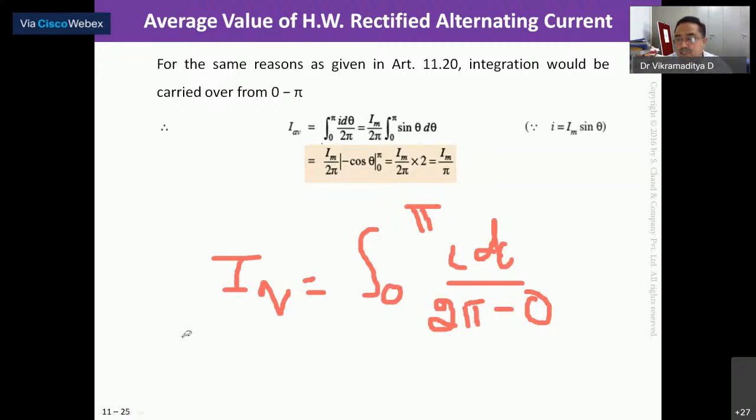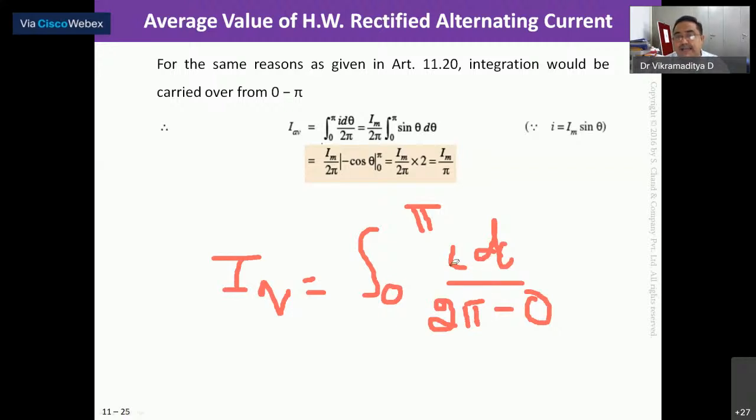In the examination, you will write the complete step. No doubt, you will break this integration from 0 to pi, then plus pi to 2 pi. But when you write the pi to 2 pi integration, there you will write the function as 0, because nothing exists there. You can see, nothing exists there.